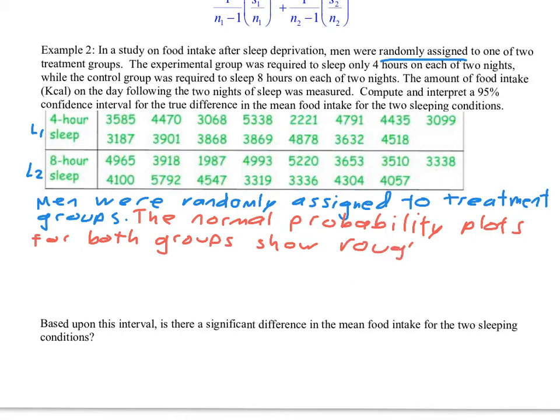So we're looking for roughly diagonal straight lines. And this indicates that the populations are approximately normally distributed.